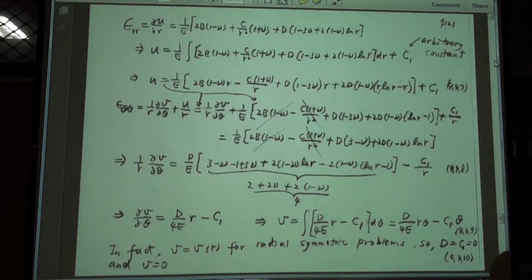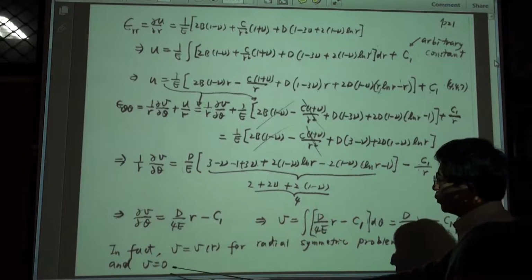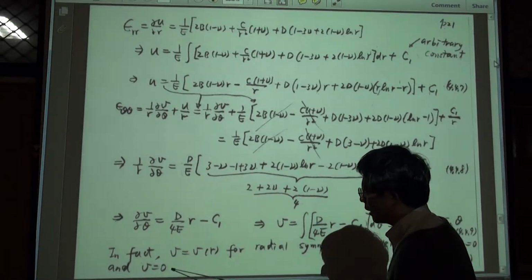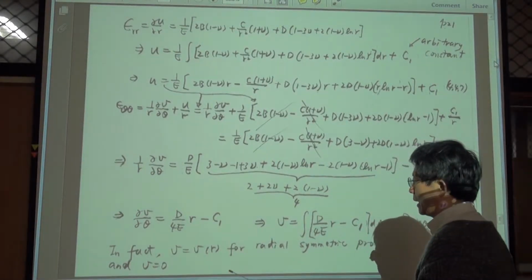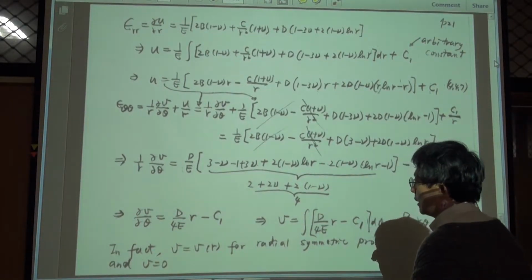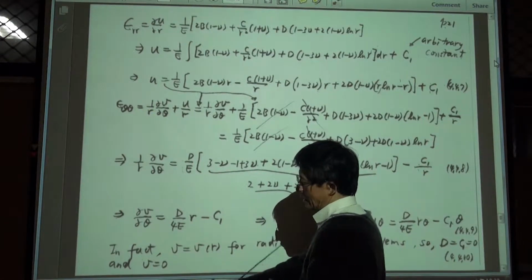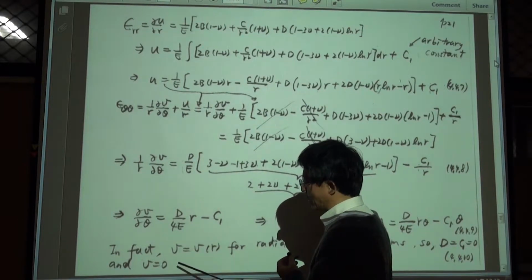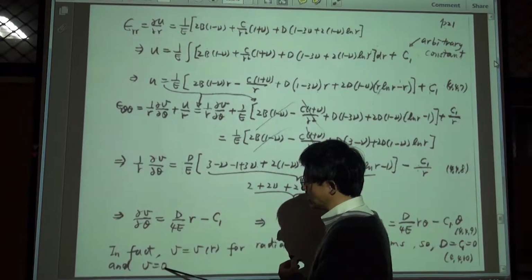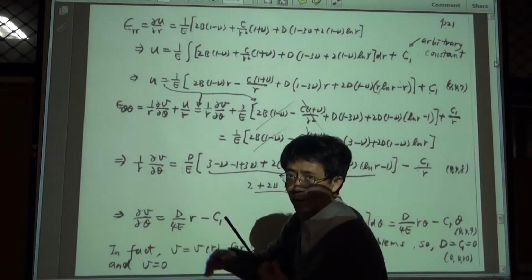Of course, we should put a constant C2 here. So finally, v is not equal to 0. v is equal to a constant C2. C2 is a constant of integration. But it is not very significant, because v equal to 0 means that there is no displacement in the theta direction.